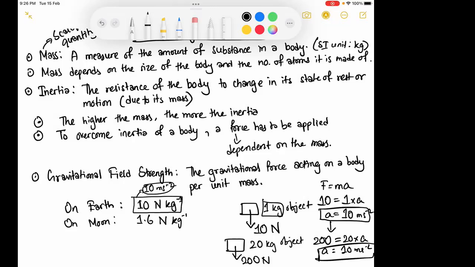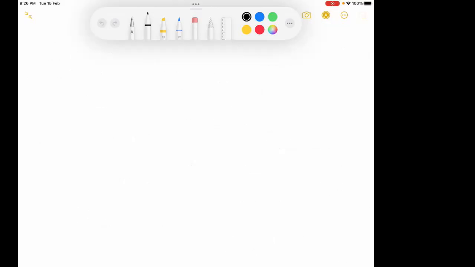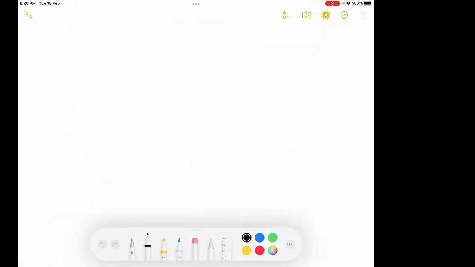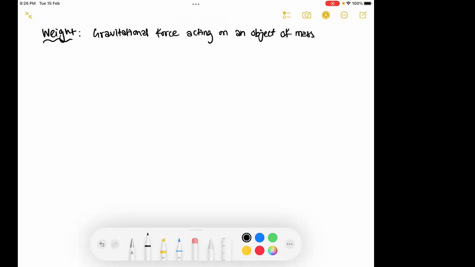All right. Now weight. What is it? The gravitational force acting on an object of mass m.